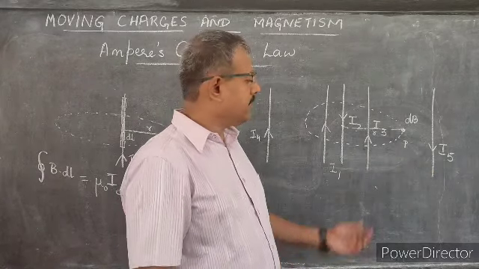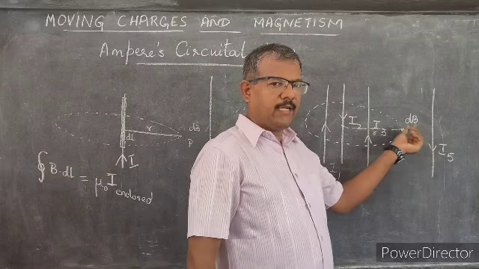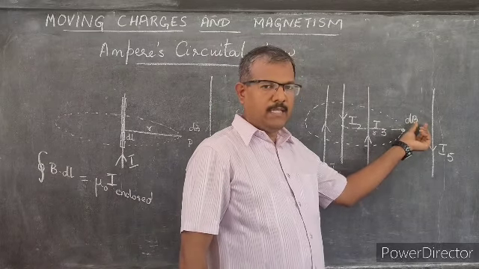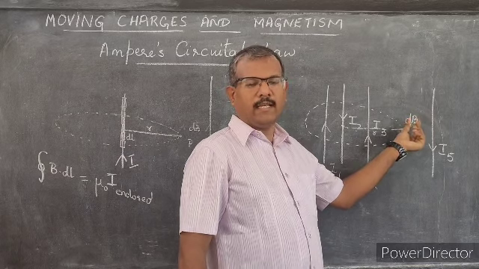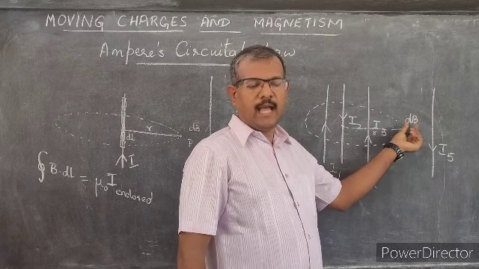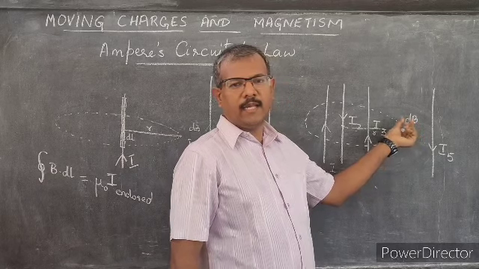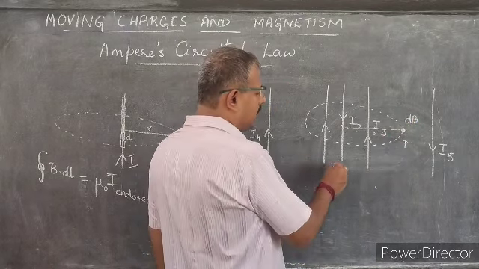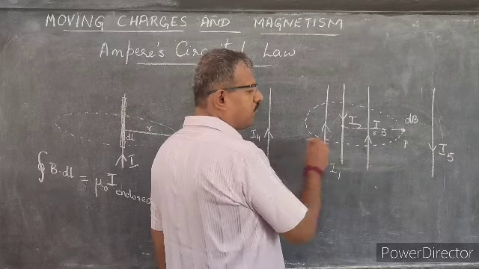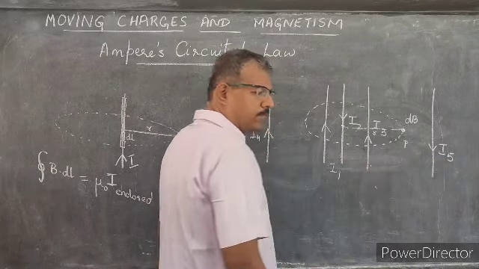So be very clear, the magnetic field at point P, dB, is the total magnetic field being generated as a result of the algebraic sum or the superposition of the magnetic fields due to I1, I2, I3, I4 and I5.